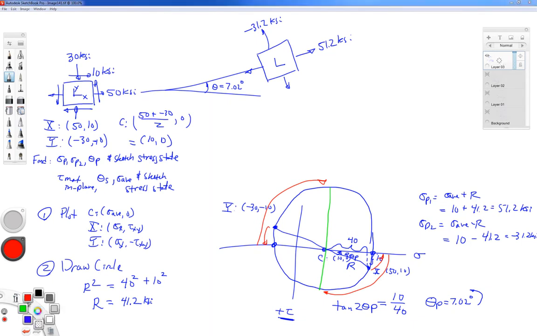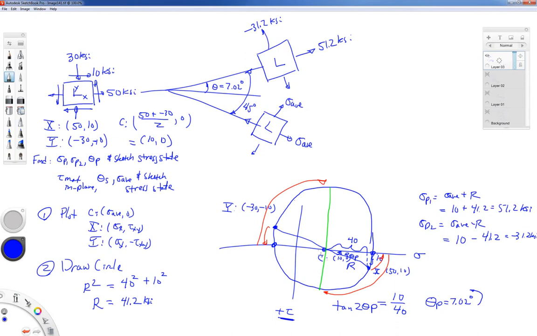Let me switch back over to my blue color. So for my principal stress state going this way, 45 degrees, I would have sigma average all the way around. And I would draw in my shearing stress.